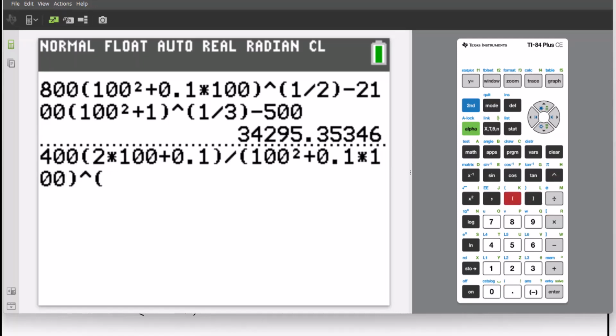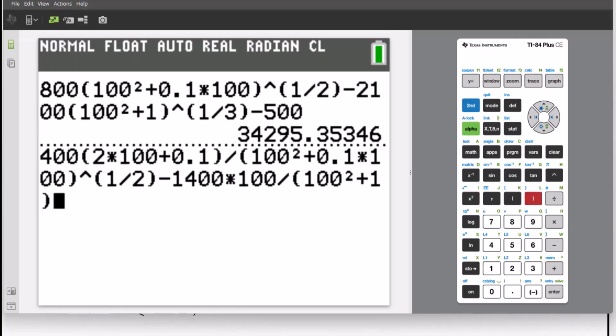Again, the same story as before. Make sure you use parentheses around the exponent. So that's the end of the first fraction, and let's put the second fraction directly next to it. So we're going to subtract 1400 multiplied by 100, all divided by, my denominator contains multiple terms, so parentheses 100 squared plus 1, all raised to the power of 2/3.